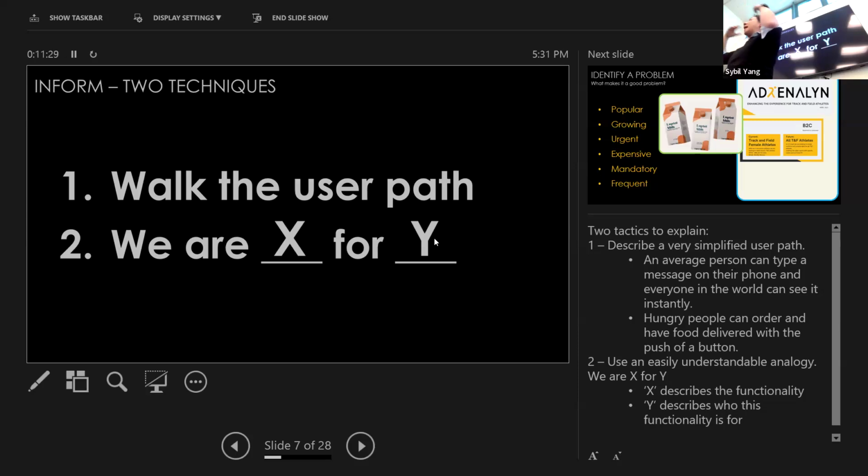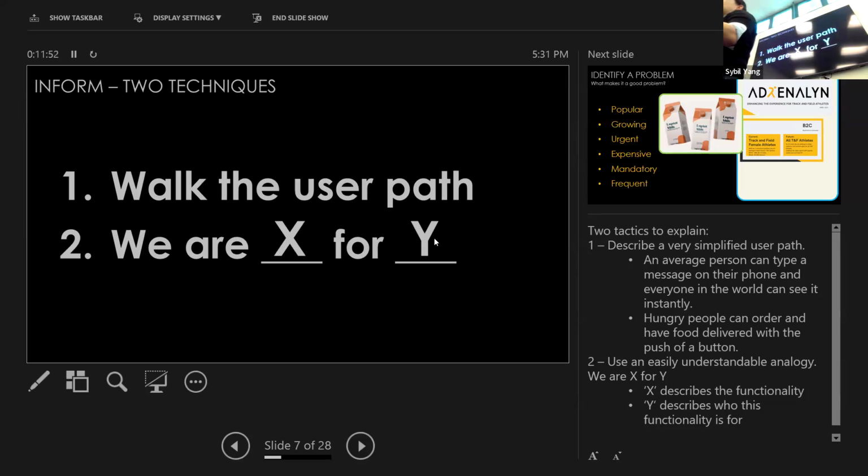They can start imagining what this problem looks and feels like. They can start empathizing with the protagonist who has this problem. So you want to walk the audience through this user's path, which means you have to understand how this person is having this problem and then convey it to the audience.